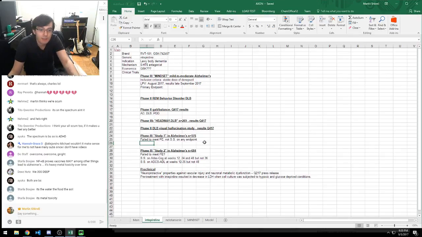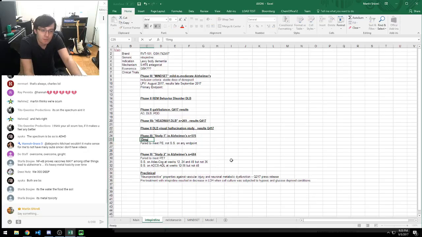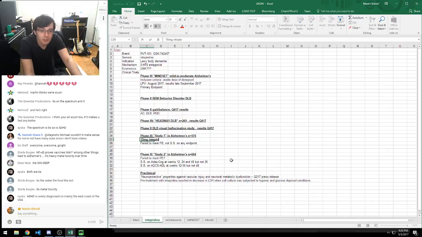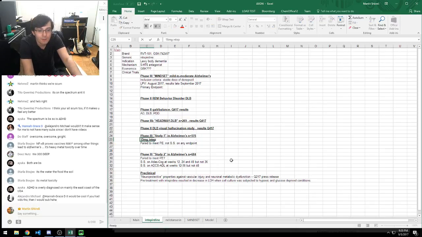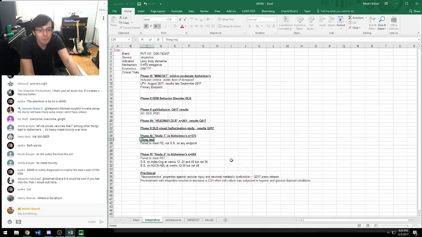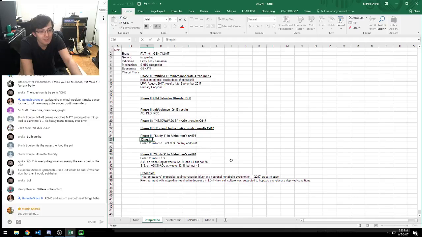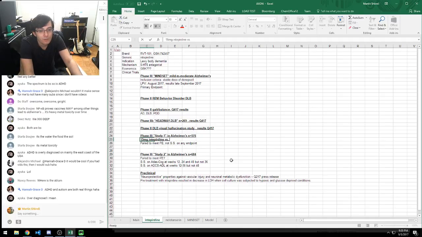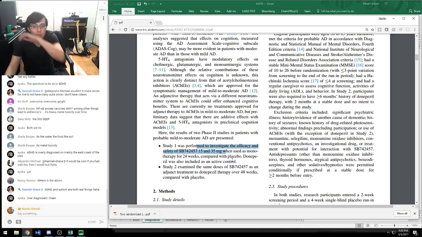There's a donepezil active control here and 15 mg and 35 mg, so let's write that down. 15 mg intepirdine versus 35 mg intepirdine versus donepezil versus placebo. So this is a pretty complicated study.